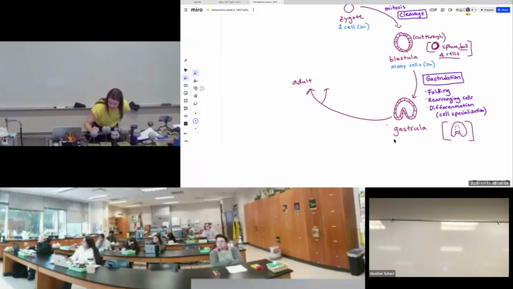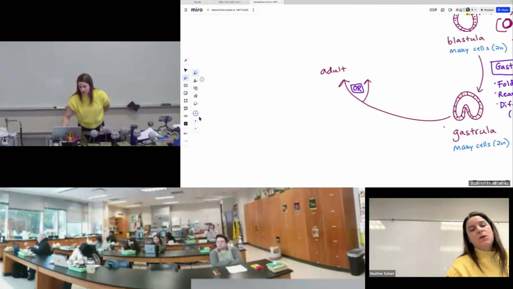Gastrula, we should say it's many cells. And it's also diploid. Now, one option is that this becomes an adult, and that process there, let's call it organogenesis.